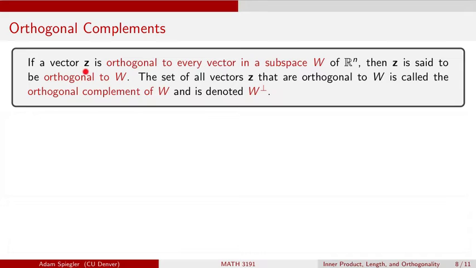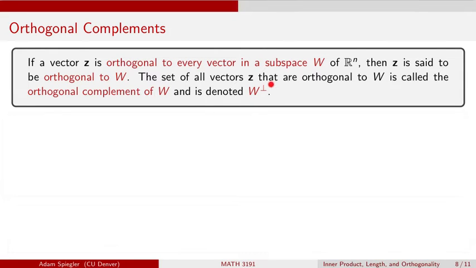So a vector z, if it is orthogonal to every vector in some subspace W of Rn, then we say that z is orthogonal to that entire subspace W. And the set of all such vectors z that are orthogonal to the subspace W is called the orthogonal complement of subspace W. And we denote this with a W and a superscript with the perpendicular symbol over here.